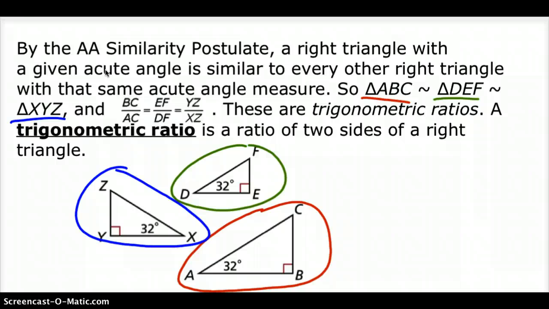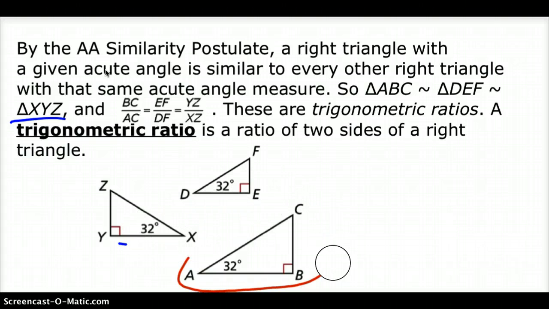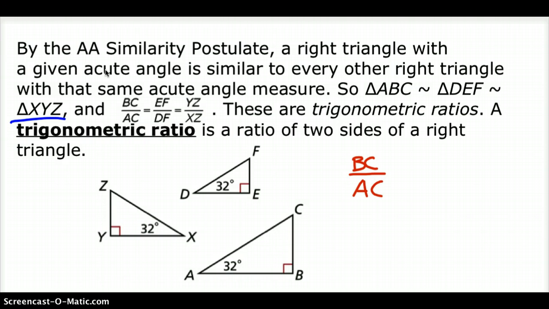The next thing they do is give us three ratios that they say are all equal to each other. I'm going to do a little bit of erasing here. It says that the ratio of BC to AC is equal to the ratio of EF to DF.